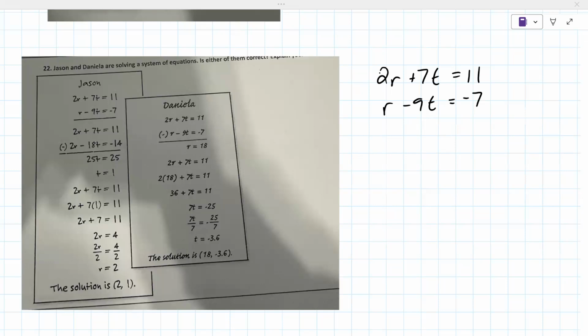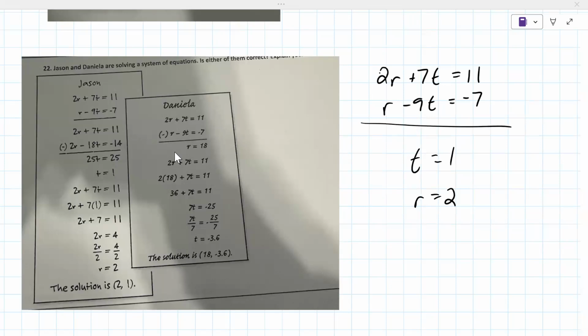I got t is 1 and r is 2. So Jason is correct.